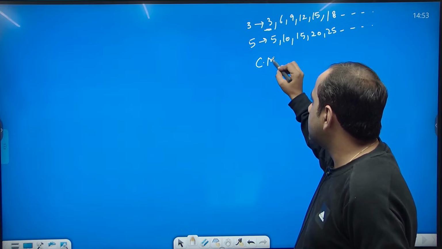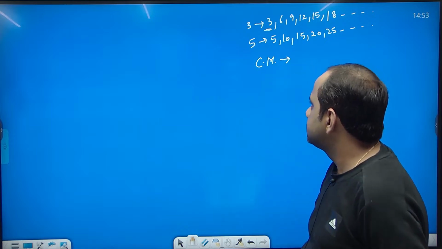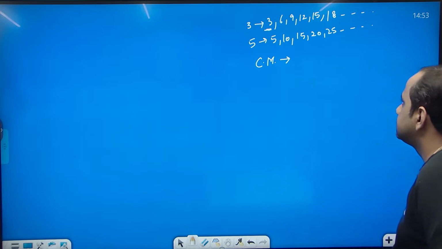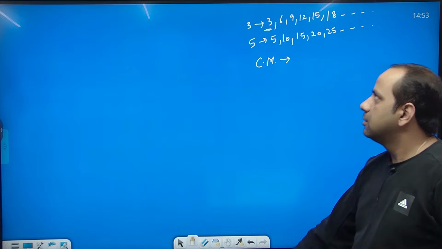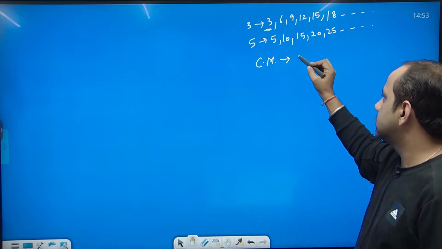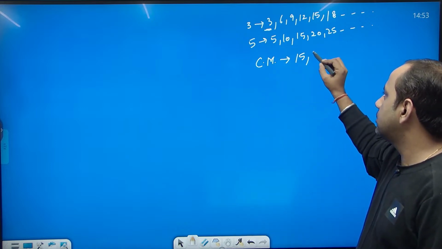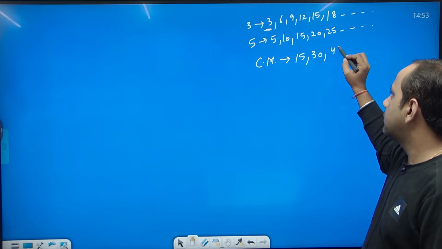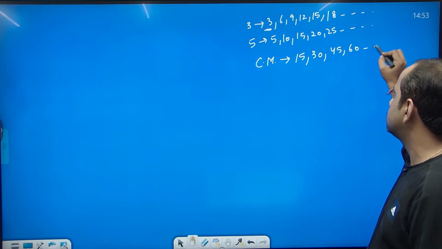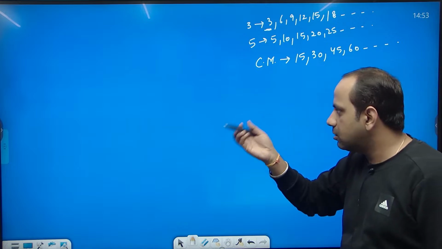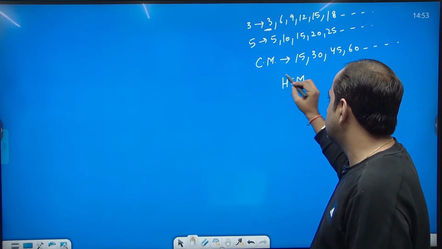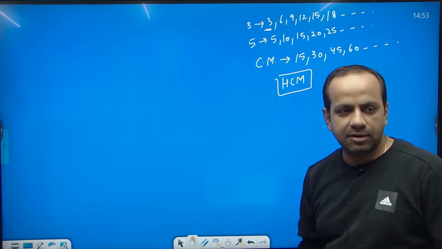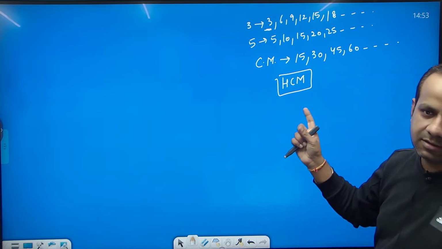So if I say, can you tell me what are the common multiples here? The first common multiple, which lies in both the series, is 15. The next common multiples will be 30, 45, 60 and so on. Okay. So if I think that I have to calculate HCM, can you tell me what the HCM is here? Is there any significance to it?